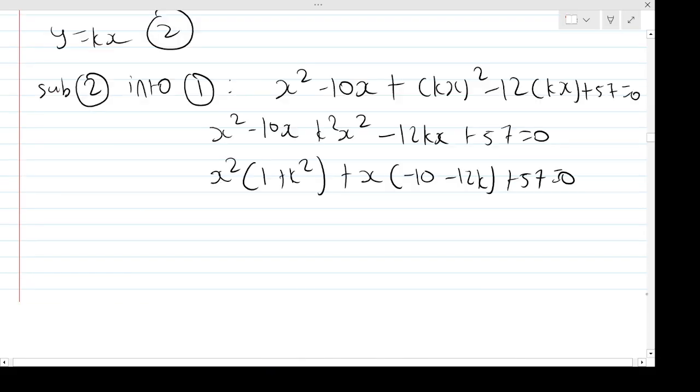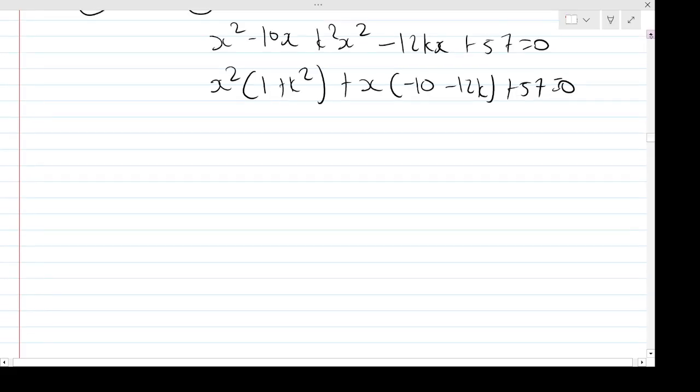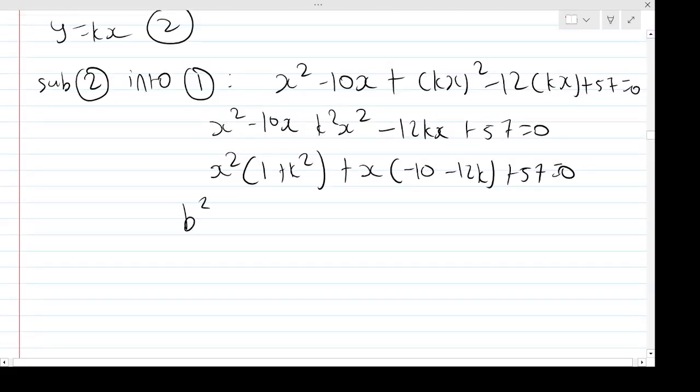So again, we then need to consider the discriminant of this, and that is why I grouped the terms together in this way, because now you can clearly spot what the x squared coefficient is, which is this, the x coefficient, which is this, and the c part, the number at the end.